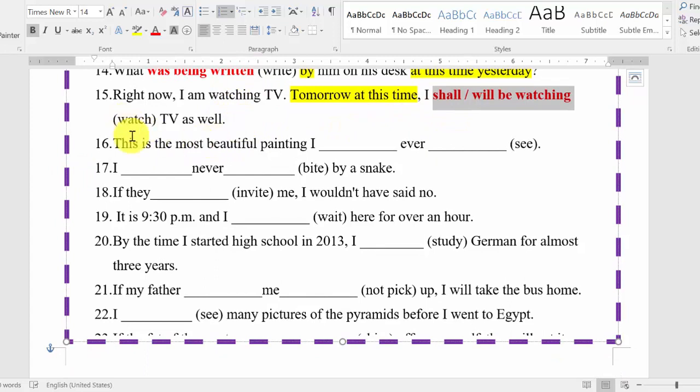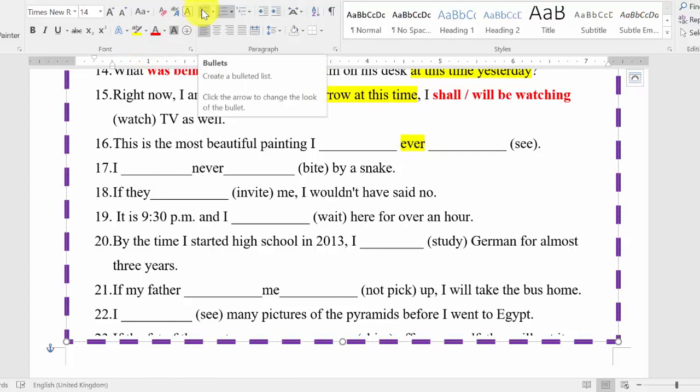Next one, 16. This is the most beautiful painting whatever. The keyword here is "ever". As I told you before, when you see "ever", your answer can be either simple present tense or present perfect tense. For simple present tense with ever or never, you will only have one blank. For present perfect tense with ever and never, you have two blanks. Since you have two blanks here, your answer should be present perfect tense.